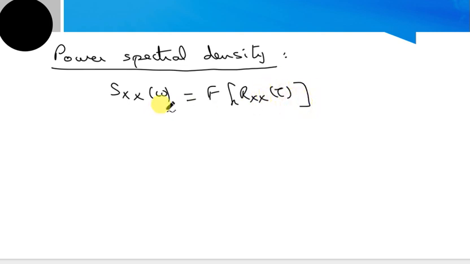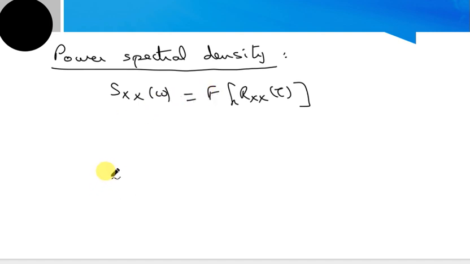That is your PSD. Okay, this describes the region in the frequency domain where the power of the process exists, and also the relative proportion of the power at each frequency. Okay, the properties of power spectral densities are also notable.